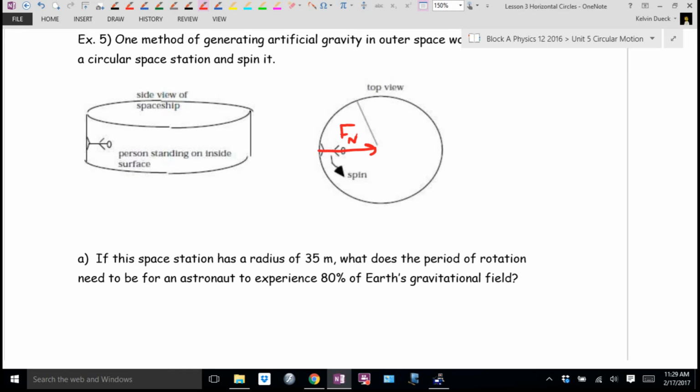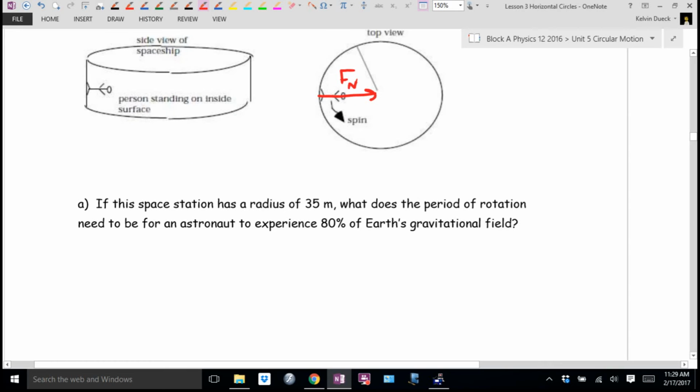So what's my equation going to be? Who's winning? Who's losing? No one. And that's going to equal m a_c. Am I going to use the acceleration equation for circular acceleration that has speed or period in it? How do you know? This time it wants me to find the period. I'm going to get the capital T by itself.